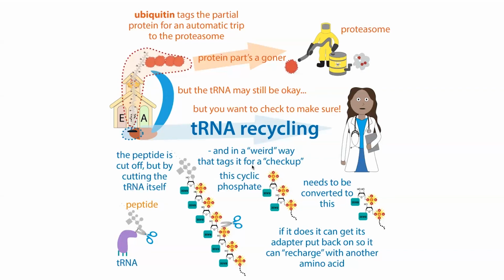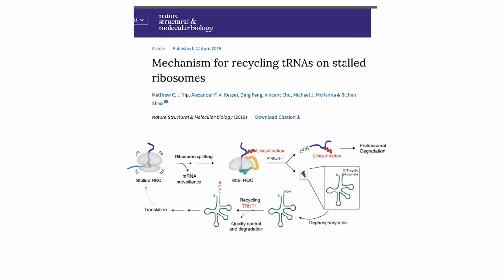So basically the sequence that's on the end of all these tRNAs, that allows it to serve as an adapter to link up to these peptides, it's going to get back. You can have the same adapter adder add on to and fix all these tRNAs if they're okay. And if they're okay, then they can go back into circulation. So you get this recycling of the tRNA thanks to this tRNT1.